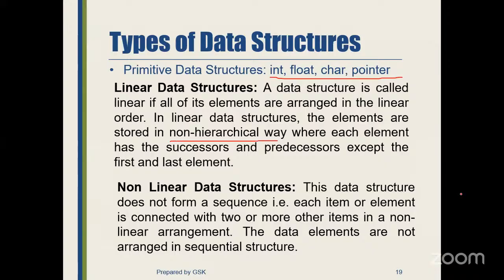Each element has a successor and a predecessor except the first and last. Obviously, right? We start with first, there is no previous element for that, and for the last element, there is no next element. Except these two, every element has a previous and next element, in simple terms.